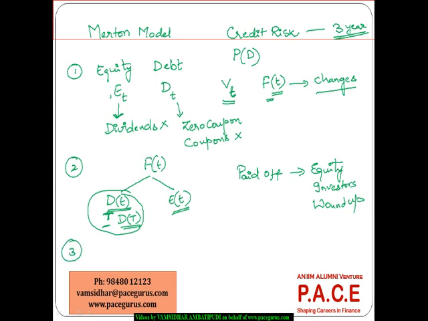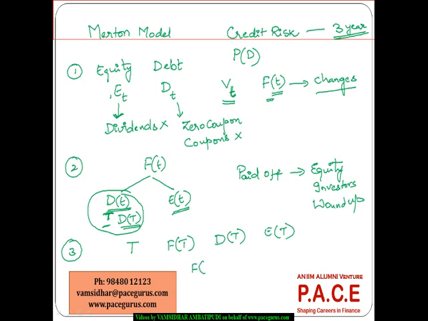And because of all these assumptions, one more thing that is coming out is, at that point in time t, F_t represents the value of the firm at that maturity point, D_t represents the value of debt, and E_t will represent the value of equity.